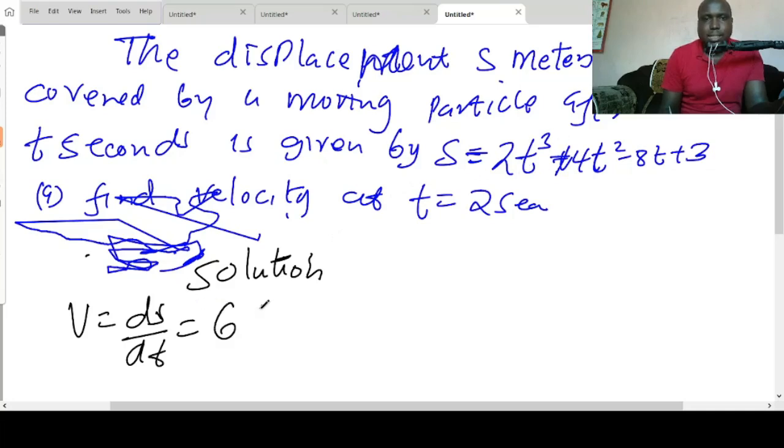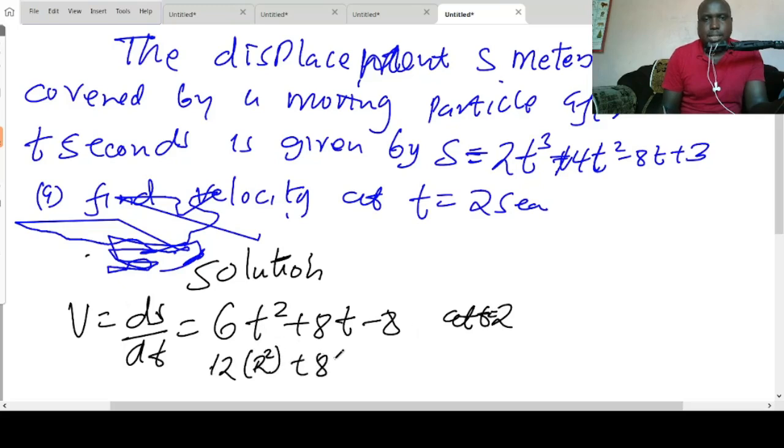It will be 6t squared plus 8t minus 8. So at t is equal to 2, you substitute here: 6 times 2 squared plus 8 times 2 minus 8.